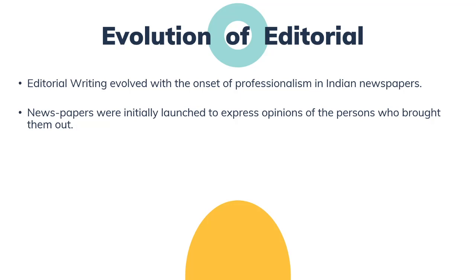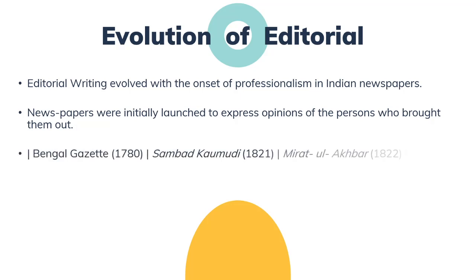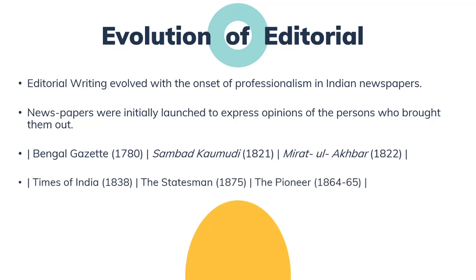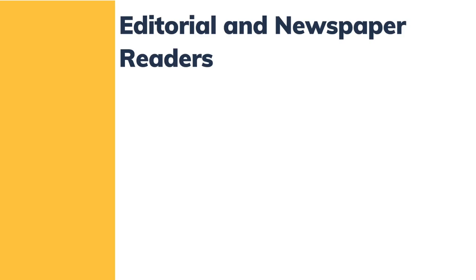They understood that news attracts the reader first, and only then will the reader go for the views or opinions expressed in the newspaper. After that, they started to establish their prominence. Typical examples of such initial newspapers are these, and then the trend continued well till newspapers like the Times of India, etc.